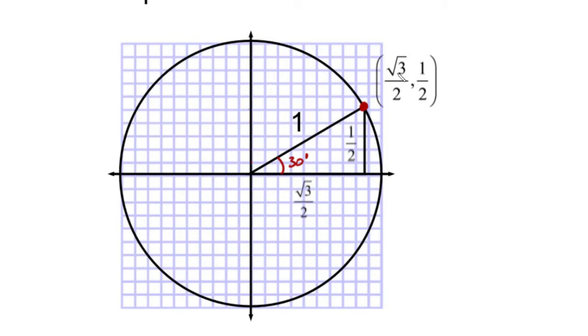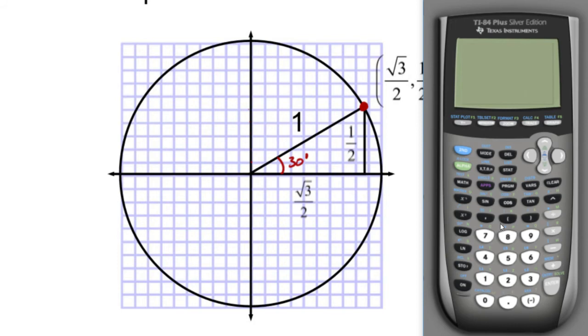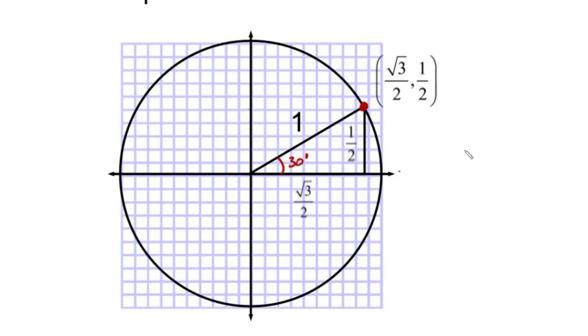And what is square root of 3 over 2? Let me get my calculator up. What is square root of 3 over 2? 0.866. Well, if this is 1, and this is 1, 0.866 would be somewhere around exactly here.